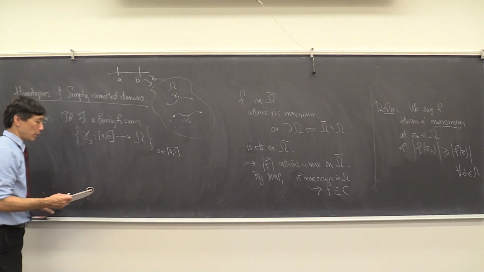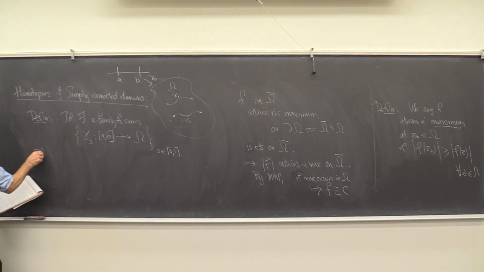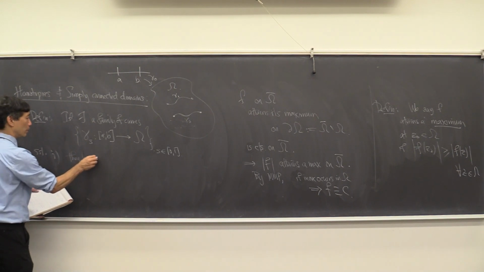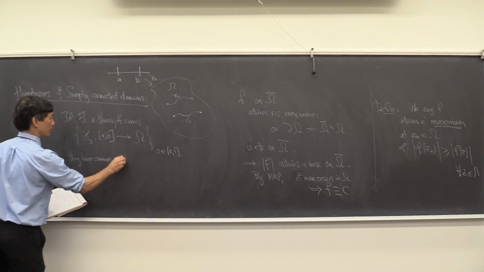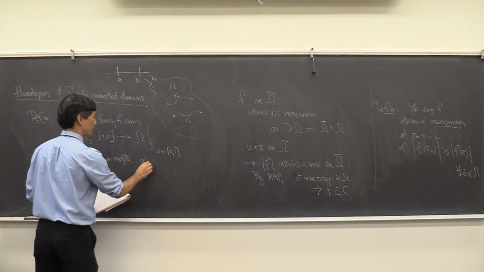Okay, so you have some family of curves such that they have common endpoints, alpha and beta.